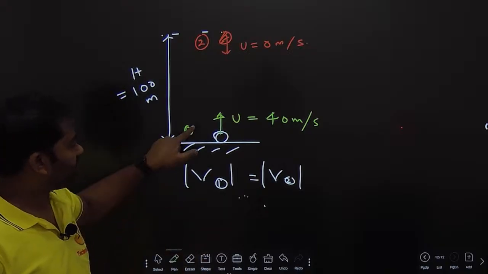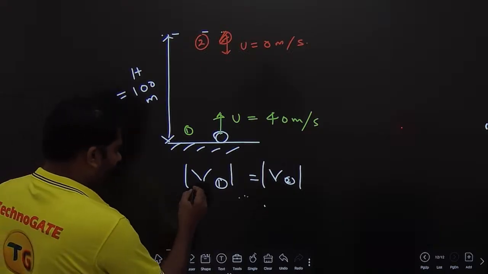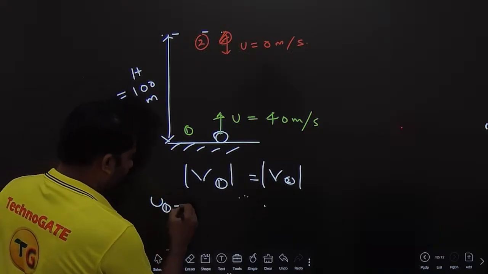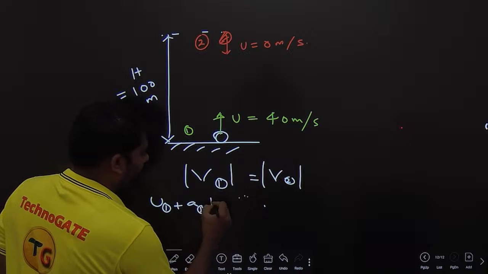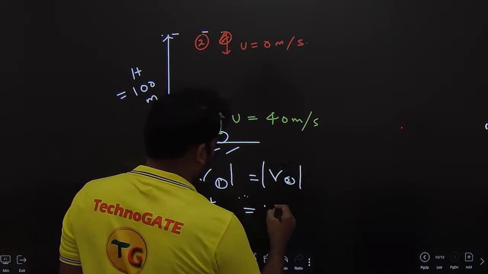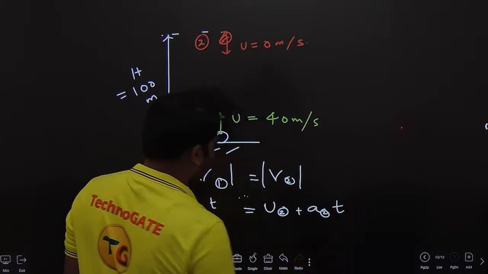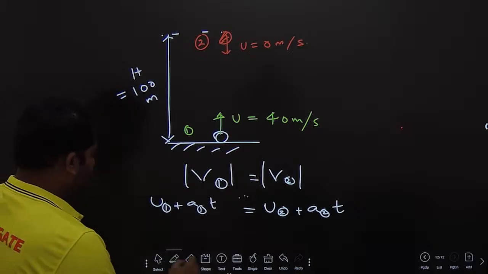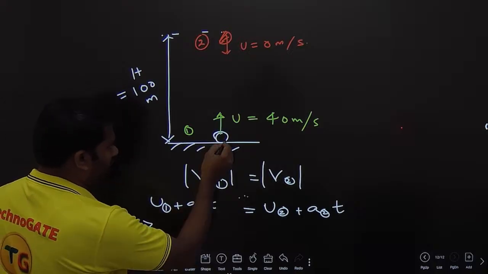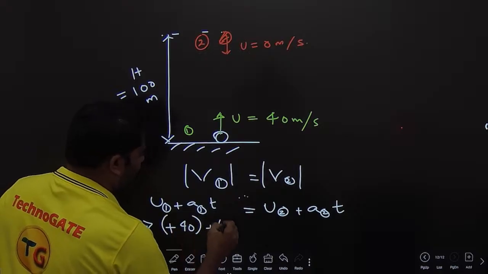So if you take the first one, after time t, the velocity will be u plus a1 into t. Clear? For v2, same thing, u2 plus a2 into t. If you substitute the values, u1 is upside positive, so plus 40, plus acceleration.